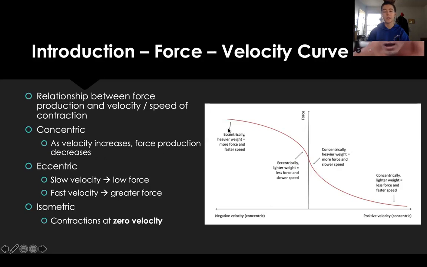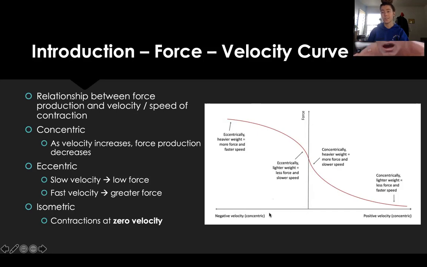This full left side and right side of the graph shows you the relationship between the different contractions: concentric, eccentric, and isometric. You can see the concentric over here on the right side. Eccentric is going to be on the left side, and then iso is going to be right in the middle of this line right here.